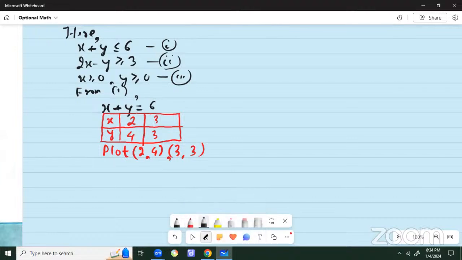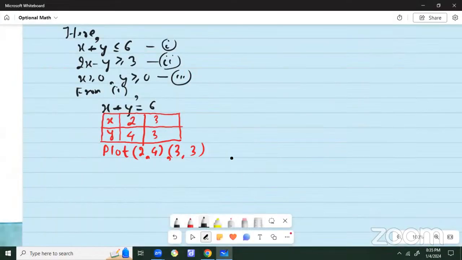Let me check here, and you can find out whether you did it correctly or something went wrong. So you got the line x plus y equals 6.